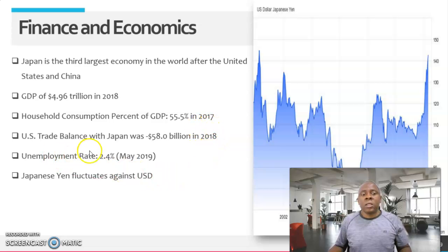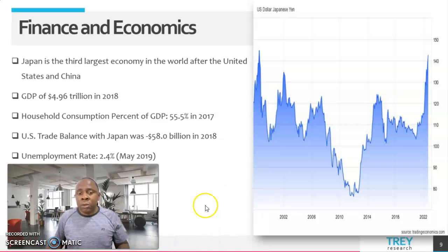So the U.S. trade balance with Japan was 58 billion in 2018. Unemployment rate is very low, 2.4% in May 2019, and the Japanese yen fluctuates against the dollar. As you can see here, we have actually hit some records here.